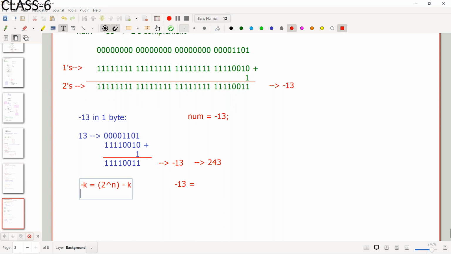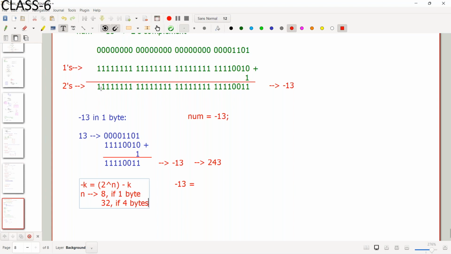What is n? n is the number of bits: n will be 8 if it is stored in 1 byte, and n will be 32 if it is 4 bytes.